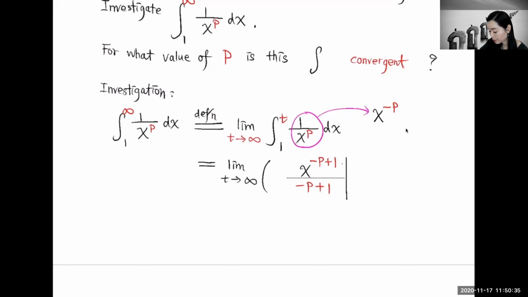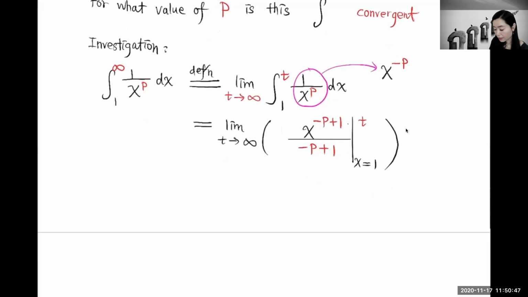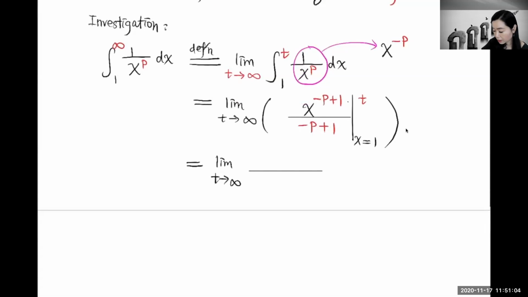Remember here, the x goes from 1 to t. Now we're going to substitute. So this will be t to the 1 minus p, minus 1, over 1 minus p. This improper integral is equal to this limit over here.